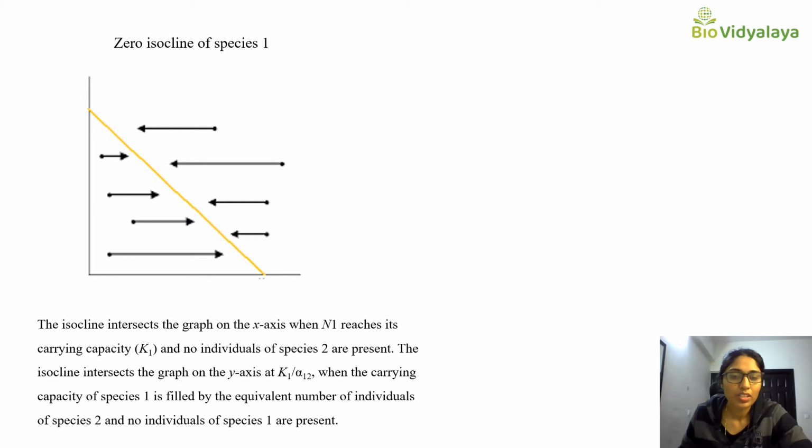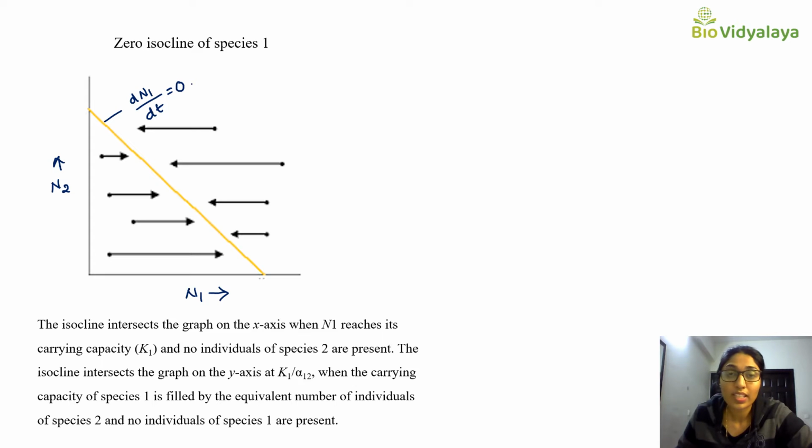Based on the equation derivation, we can draw the zero isocline for species 1. Here on the x-axis we are plotting species 1, N1, and here the number of species 2, N2. And this is the zero isocline. On this zero isocline, dN1 by dt is equal to 0. That means population size does not change along it.